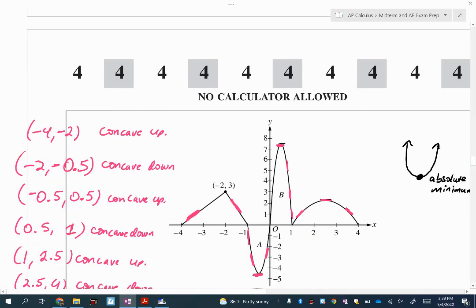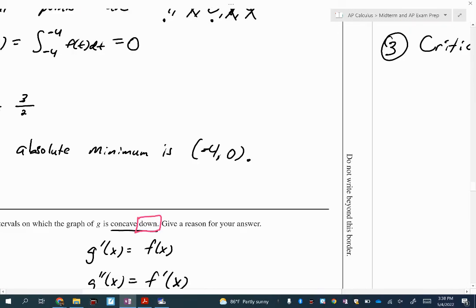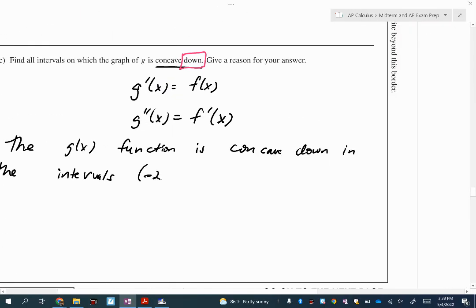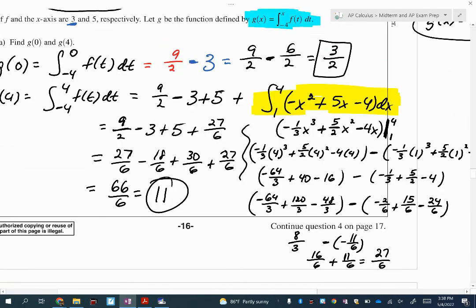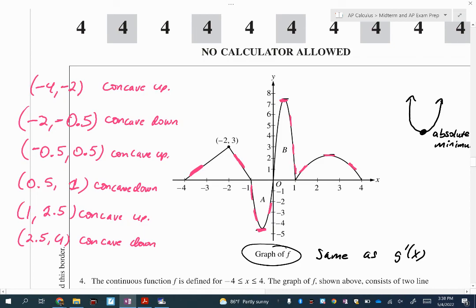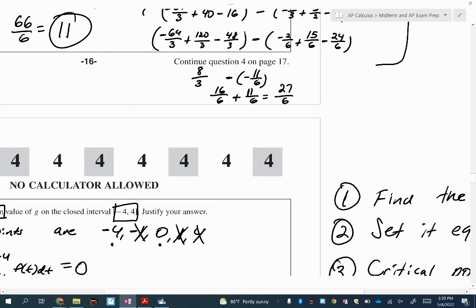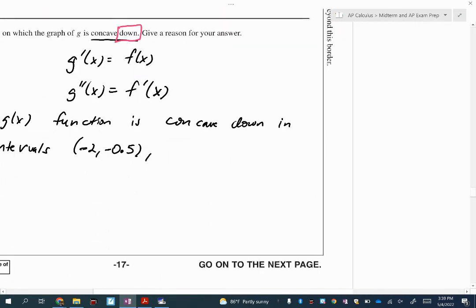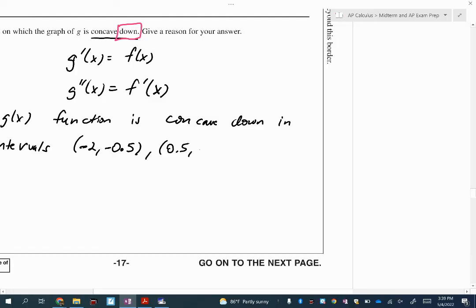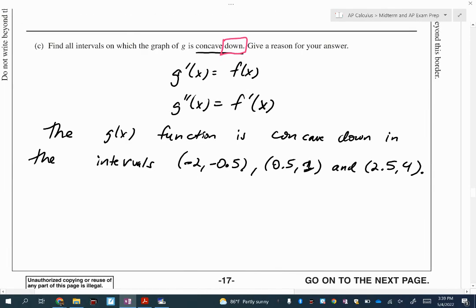We've got -2 to -0.5. Then we have 0.5 to 1. And is it 2.5 to 4? Excellent, thank you. And that is it, guys. That's question number 4.